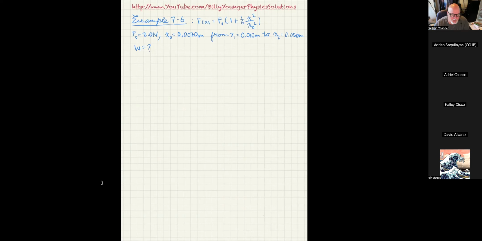If the arm moves from x1 equal to 0.010 meters to x2 equals 0.050 meters, how much work is done? So we're going to compute it like that. Solution.